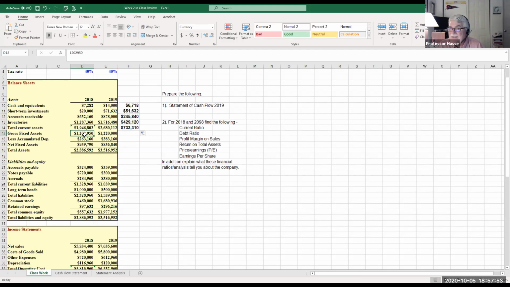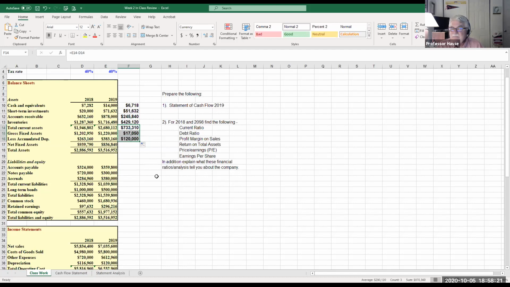Equipment, land, buildings, computers. And notice it didn't go up much this year. We only spent an additional $17,000 on our fixed assets. That means we don't have any more additional assets that can generate additional revenue. Not good.